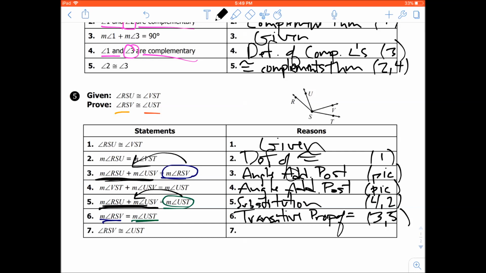They're the same. So RSV is equal to this stuff up here. UST is equal to this same stuff. So if they're both equal to the same thing, now I want to say they're equal to each other. And when they're both equal to the same thing and you want to say they're equal to each other, that is always, always, always the transitive property.